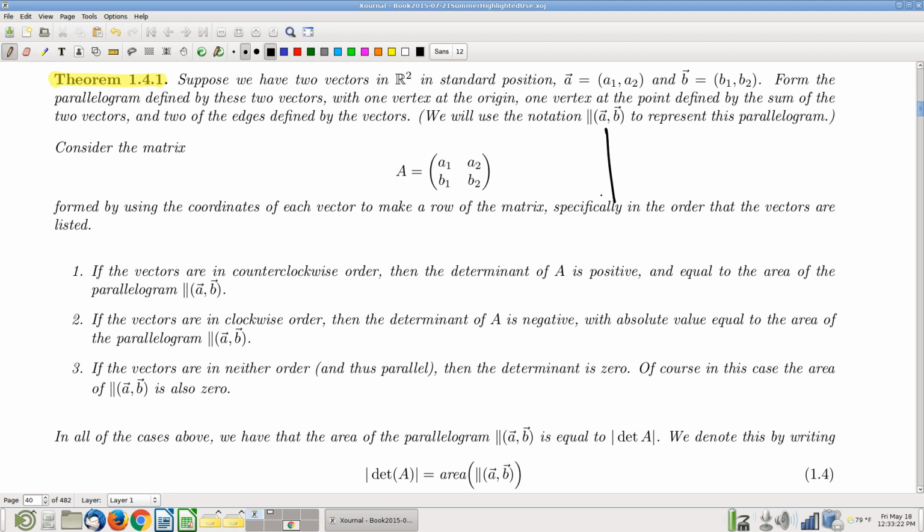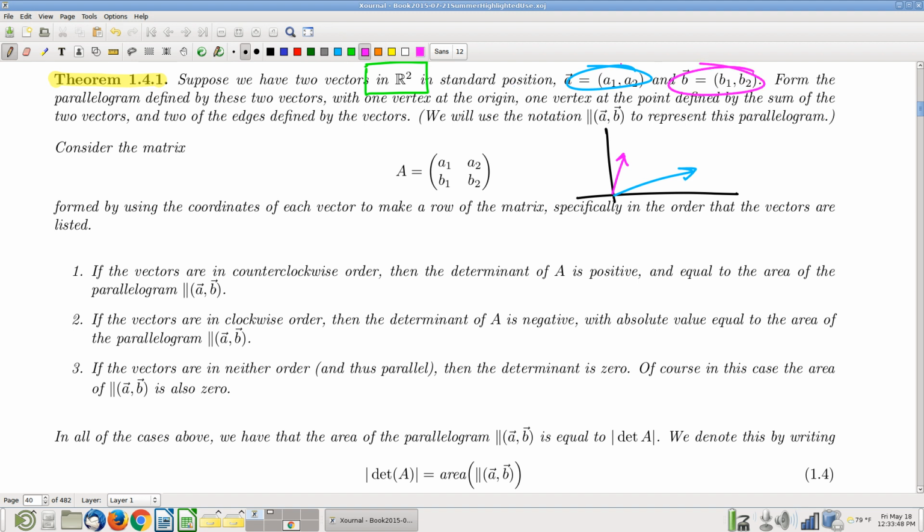Suppose we have a couple of vectors in R2. Notice this is in R2, so this is the two-dimensional version of the theorem. Let's suppose our vectors are A and B.